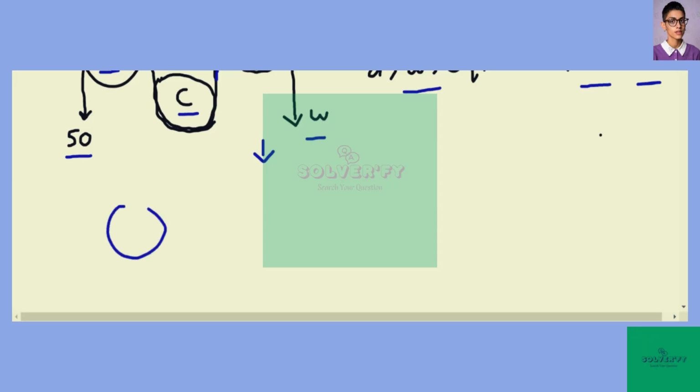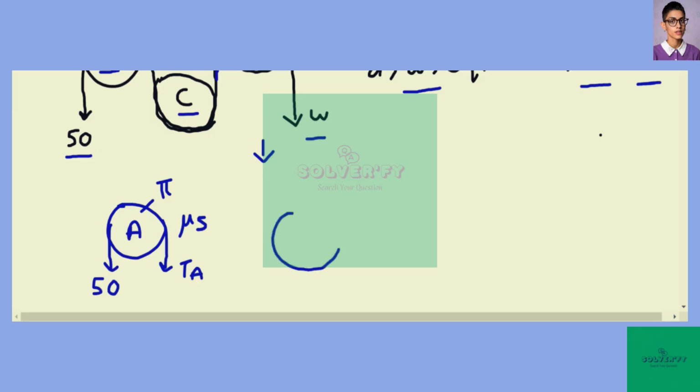So we have pipe A, the tension of 50 pounds on one side, and TA on the other side. We have an angle of pi, and we're going to use the static coefficient of friction because the system is in equilibrium.